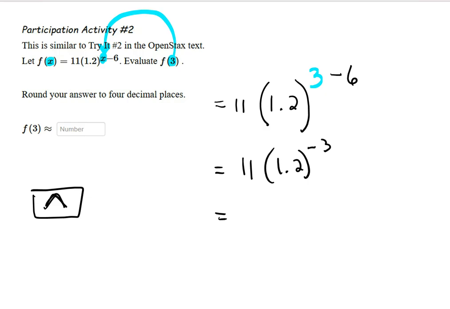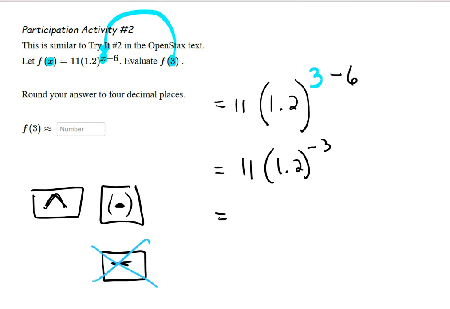And that will raise it up to a power of, and then depending on your calculator, somewhere on your calculator there's probably a button that looks like that. That's what you use for a negative. Do not use the button that just has this line on it. Do not, okay?